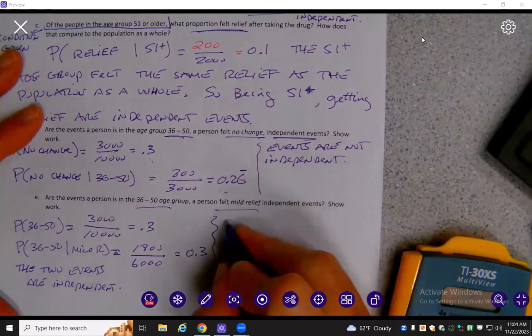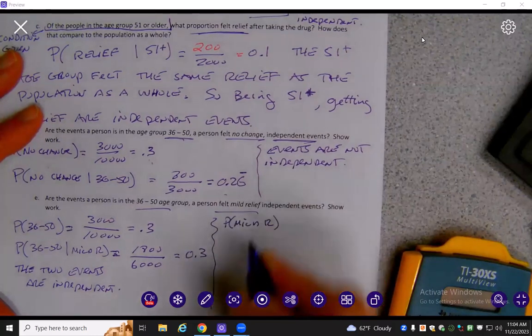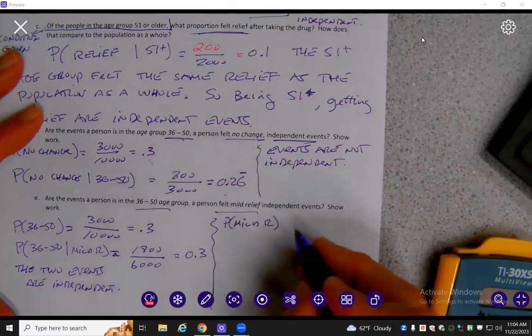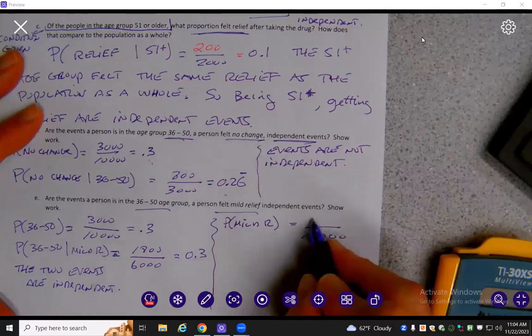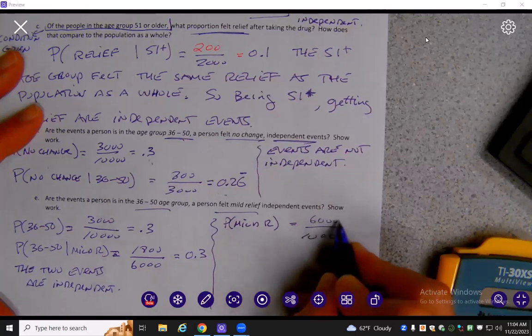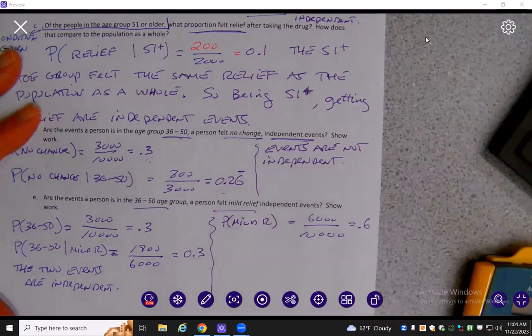So if I chose mild relief as my starting point, there's again 10,000 as my whole population, and mild relief is 6,000. So that's 0.6. There was 6,000 out of the whole population that felt mild relief.